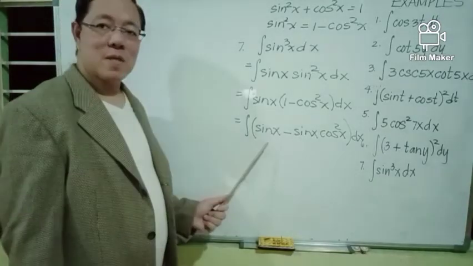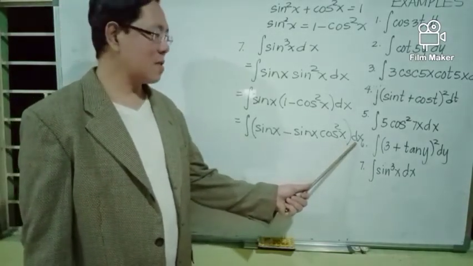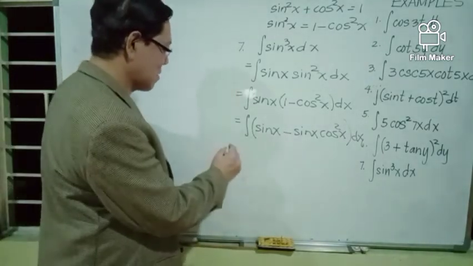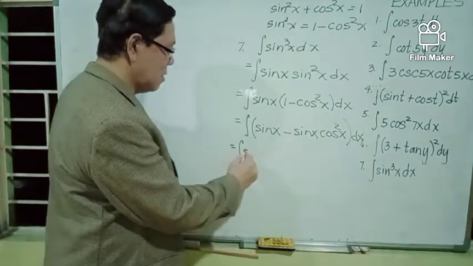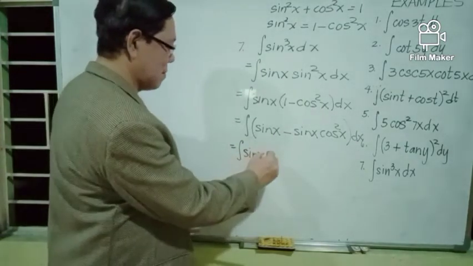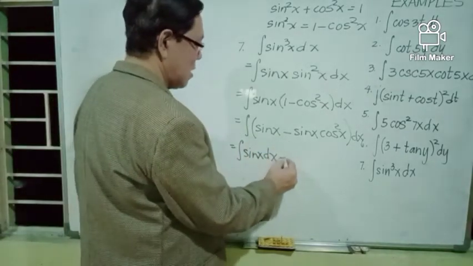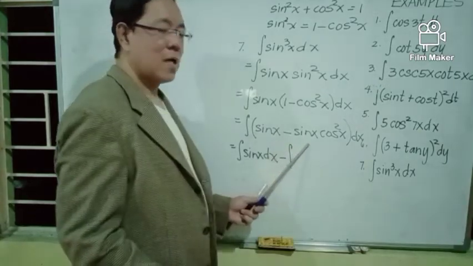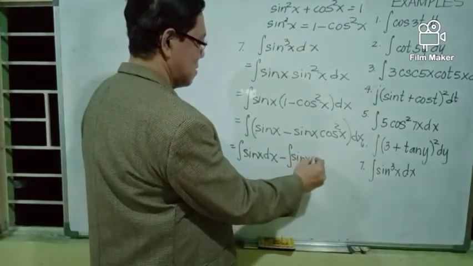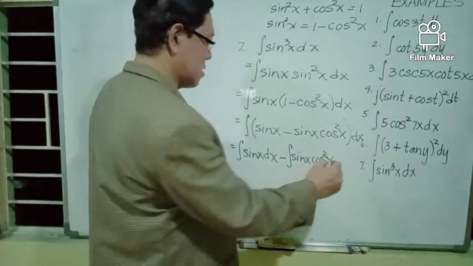Hence, the integral of sine x minus sine x cosine squared x with respect to x is equal to the integral of sine x with respect to x, minus the integral of sine x cosine squared x with respect to x.